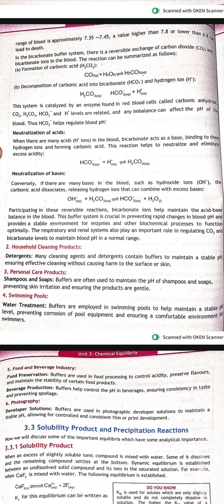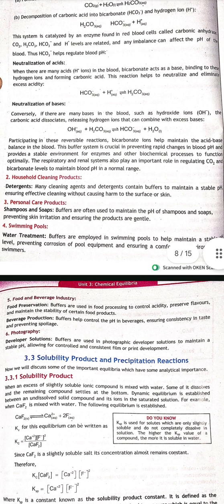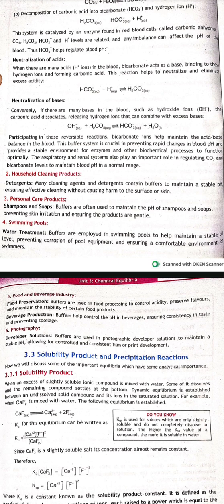Participating in this reversible reaction, bicarbonate helps maintain the acid-base balance in the blood. This buffer system is crucial in preventing rapid changes in the blood pH and provides a stable environment for enzymes and other biochemical processes. The respiratory and renal systems also play an important role in regulating CO2 and bicarbonate levels to maintain blood pH.